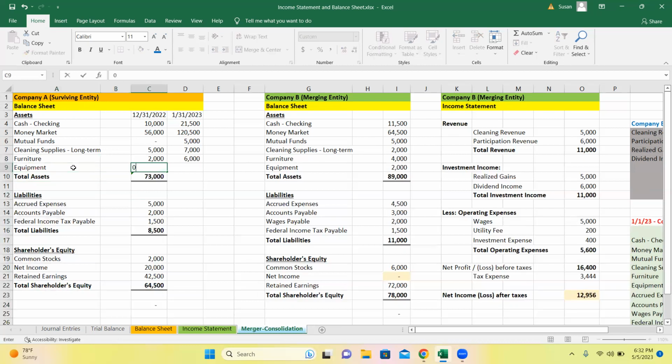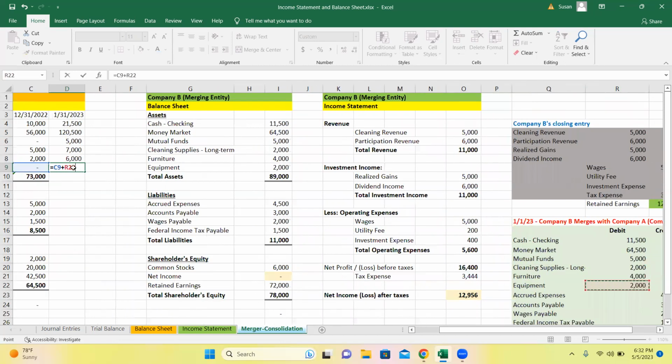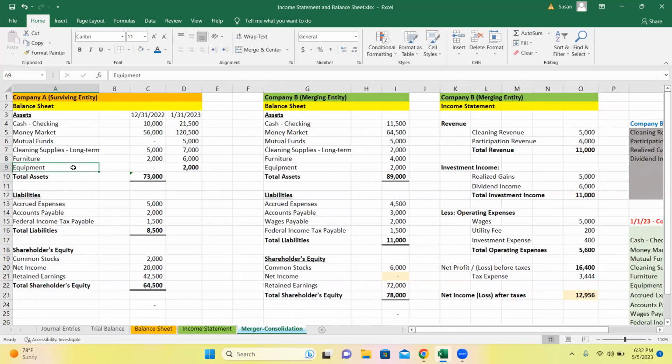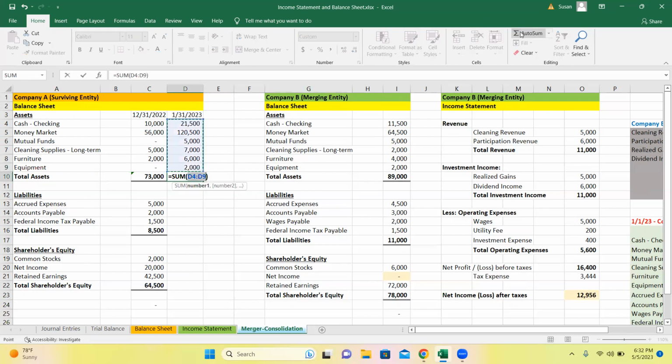It didn't have a balance because it never had equipment. But now we have equipment. Okay, let me fix the formatting. And this will be the new month-end asset balance. Now, moving on to the liabilities.